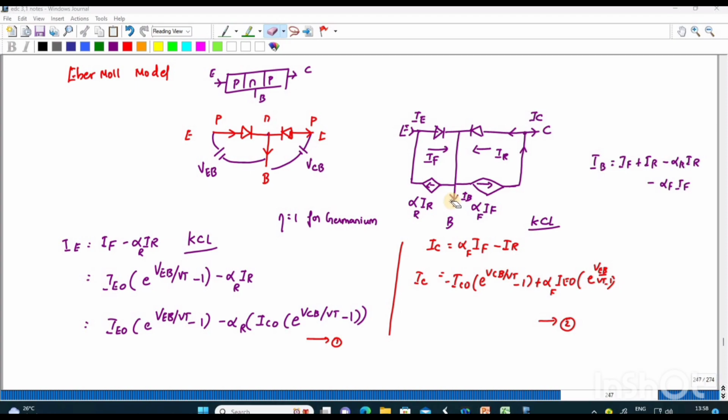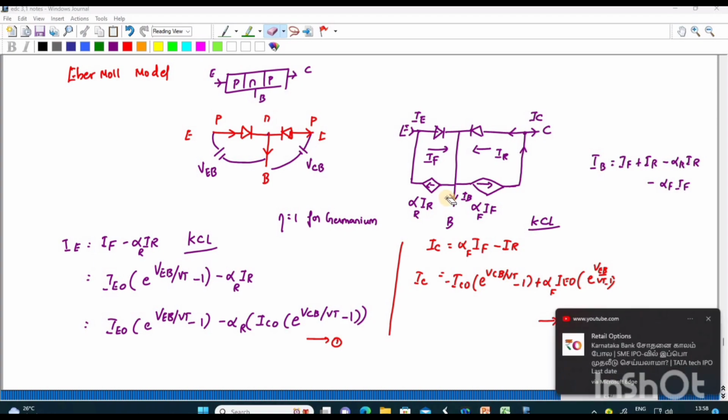So here I can write IF. IF is the emitter-base forward current, and alpha R IR is a portion of the collector-base diode current which is coupled through the base to the emitter.